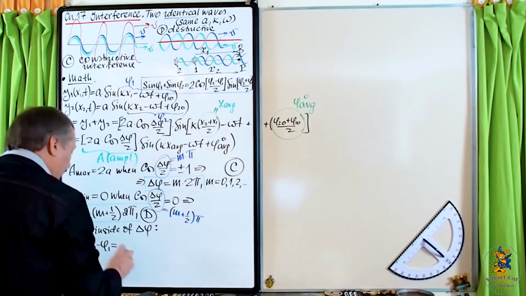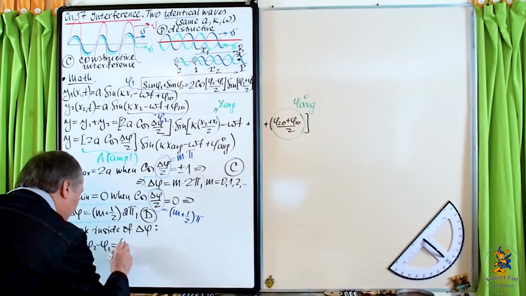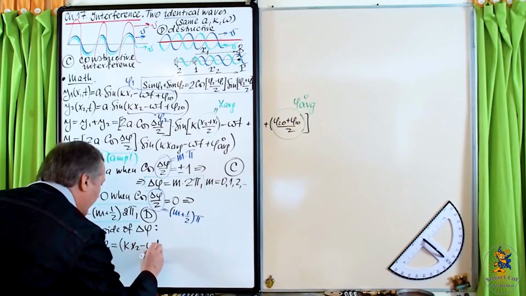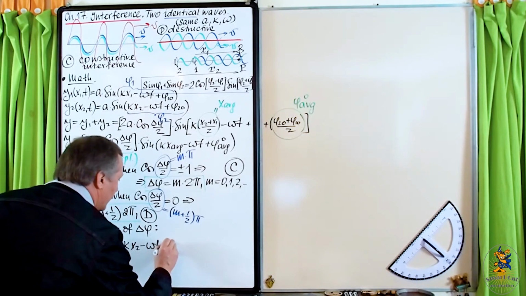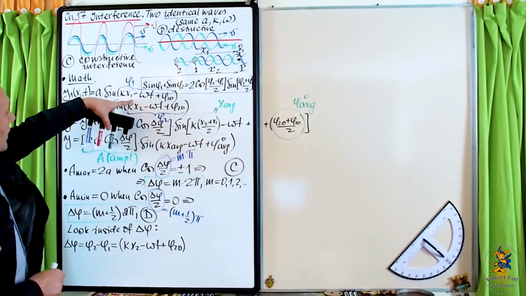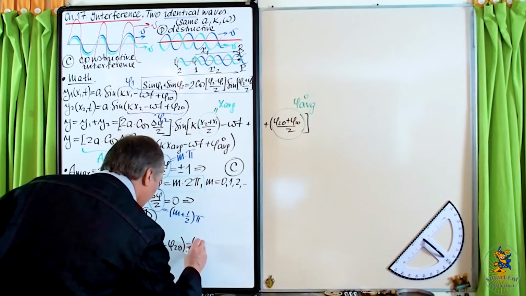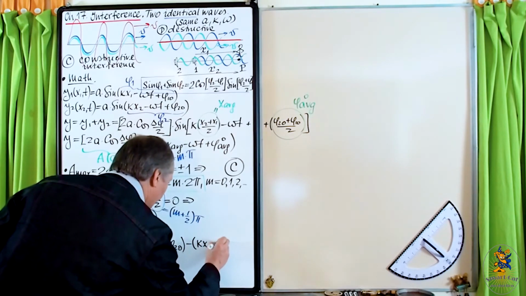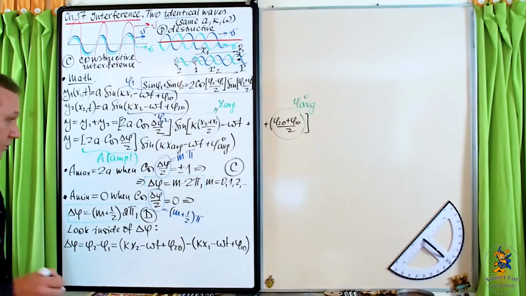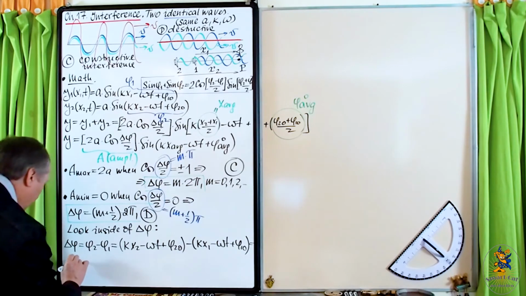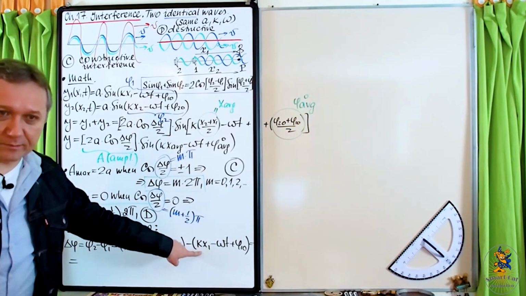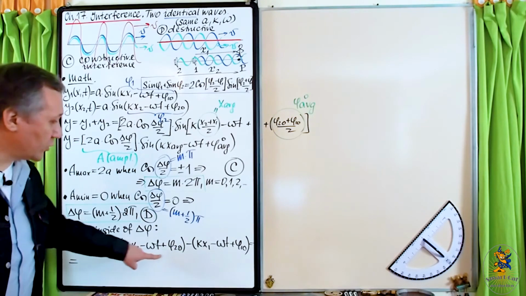Or you know what, I will just rewrite it so that it will be easier to understand. kx2 minus omega t plus phi 2,0. I just rewrote this. And minus this: minus kx1 minus omega t plus phi 1,0. Okay, so let's subtract them. All right, so kx2 minus kx1 will be k times x2 minus x1.